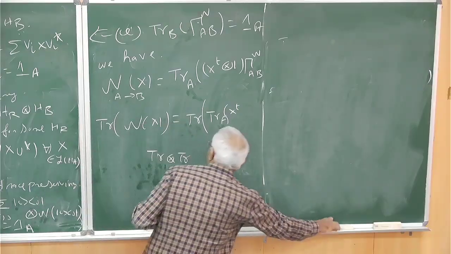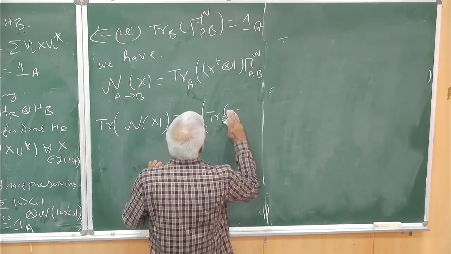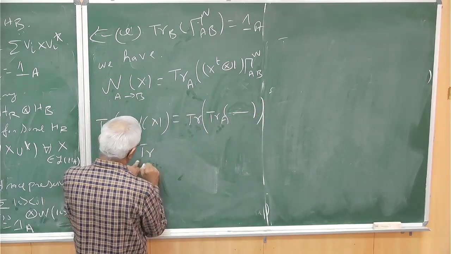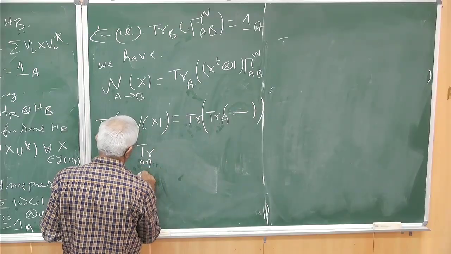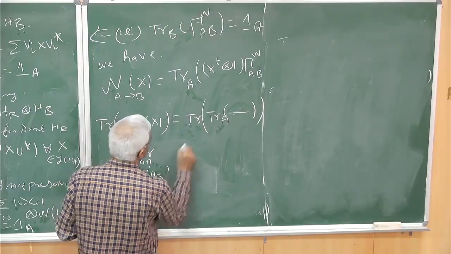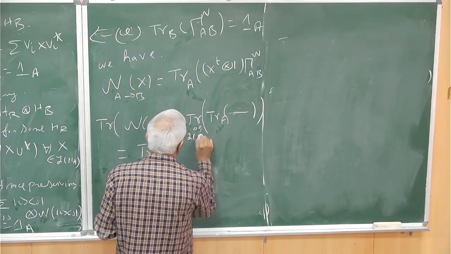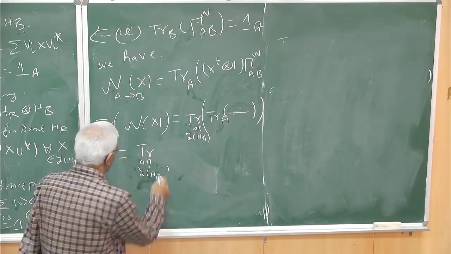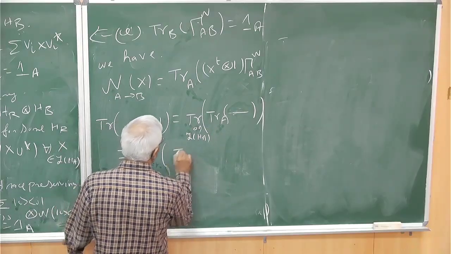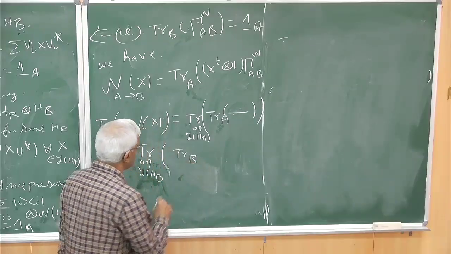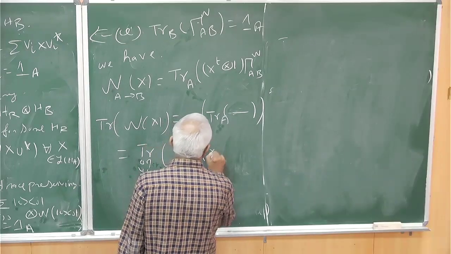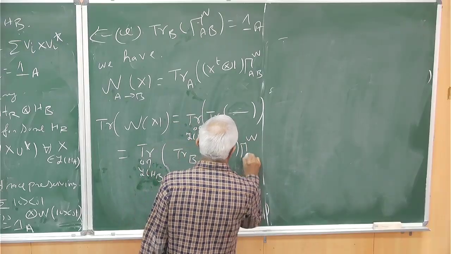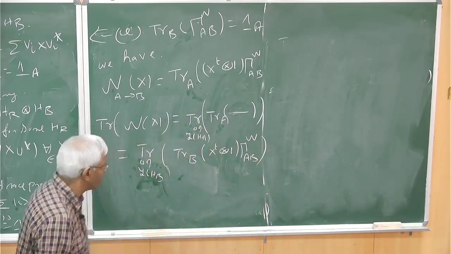So if you do that, whatever we have here is equal to the trace on B, L of HB, and the trace on L of HA. I'm not putting A because that is for partial trace. Then you take the trace B of X transpose tensor 1, gamma of n AB.